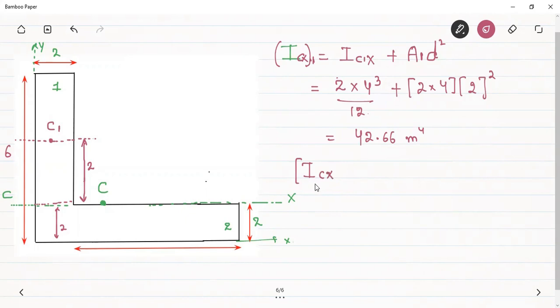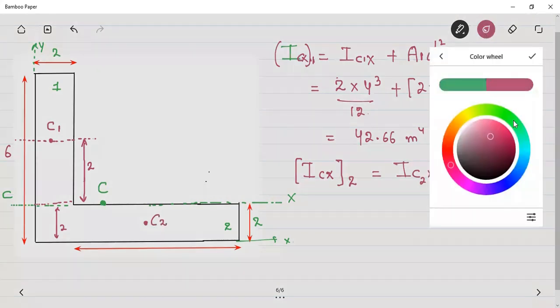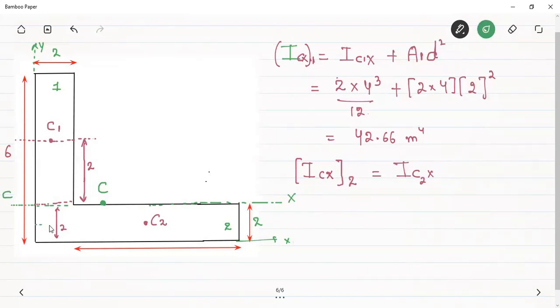This is the moment of inertia of the second rectangle about the CX axis, which should be equal to IC2x, its own centroidal x-axis. Its centroid will be somewhere here, and its own centroidal x-axis will be this axis. This is the distance between the two axes, and you can see that it will be equal to 1.